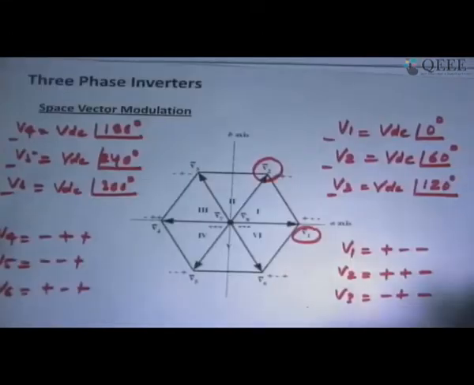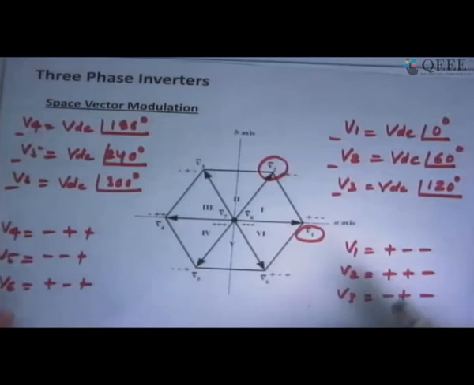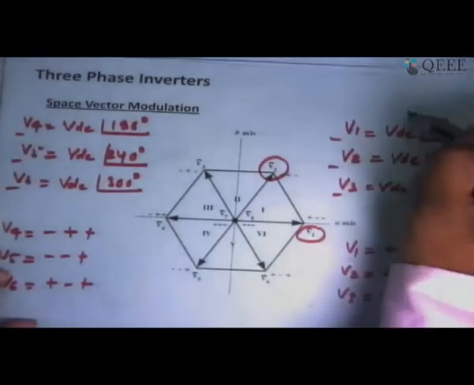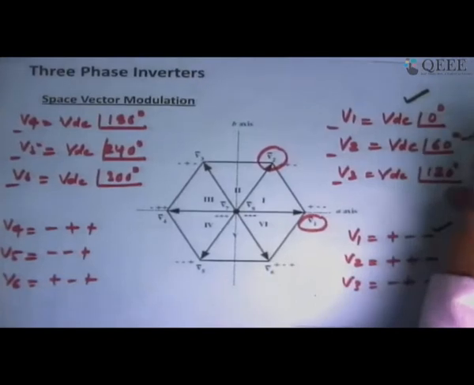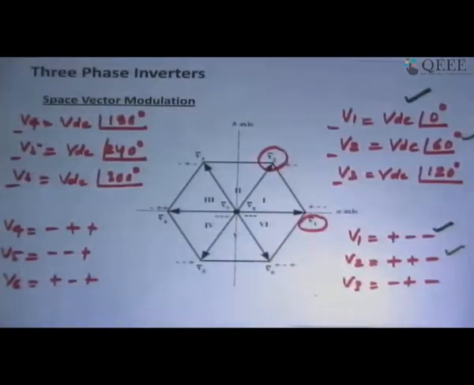So converting all states to the space vector can be done. We have seen how these switching states convert to this, and this, and so on. So basically what we have done now is conversion of all switching state combinations to respective space phasors, and we have plotted them in a space.